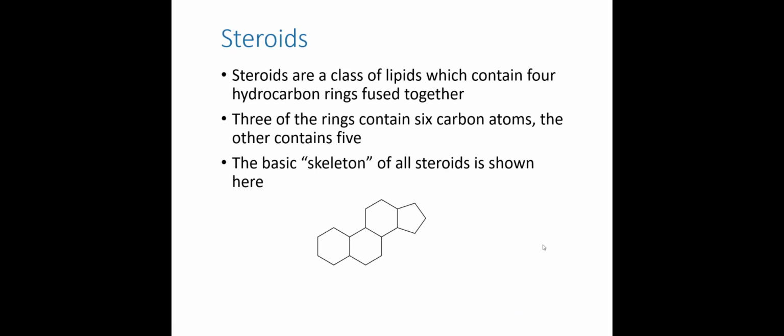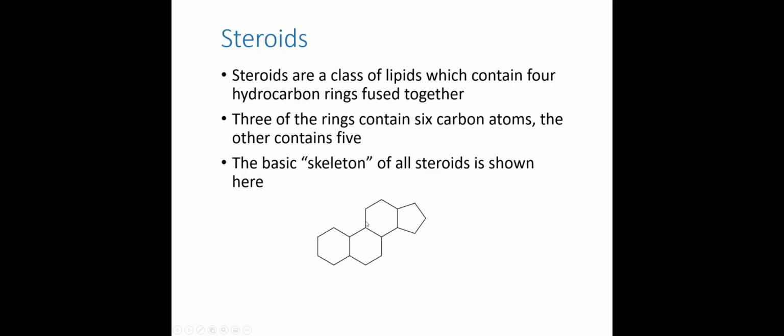So now, moving to the non-hydrolyzable lipids, we have steroids. In general, the term steroid refers to any kind of molecule which has this basic skeleton here. So we have a 6-membered ring, which is fused to another 6-membered ring. By fused, what I mean is that it's sharing those 2 carbon atoms right there.